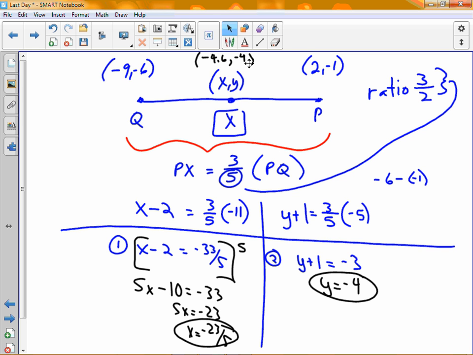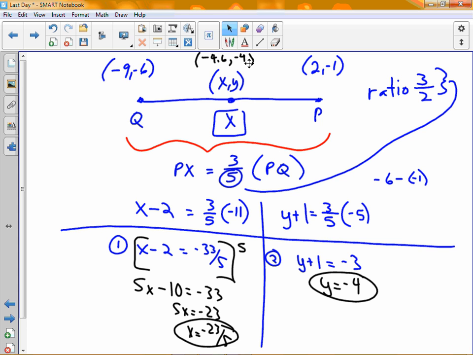But the whole key to all of it is the word partitions. When you have to break something up into partitions, realize that you take your ratio, add your numerator and denominator to get the number of parts that you need. 3 halves is 5 parts. Just like I said, 4 sevenths would be 11 parts.